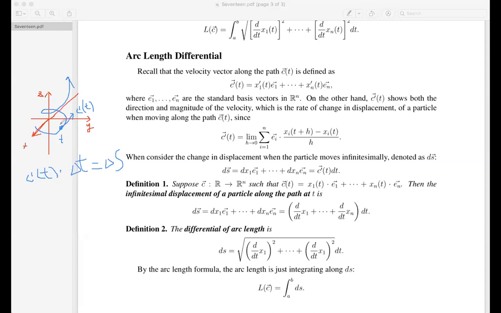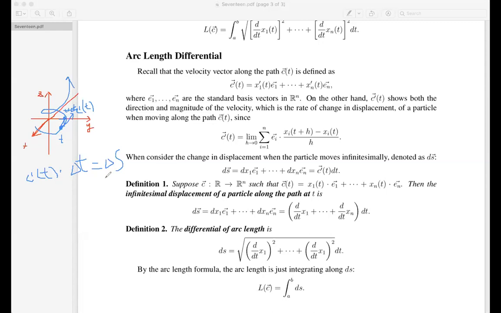So basically this is the vector of the segment from time t to t plus delta t.